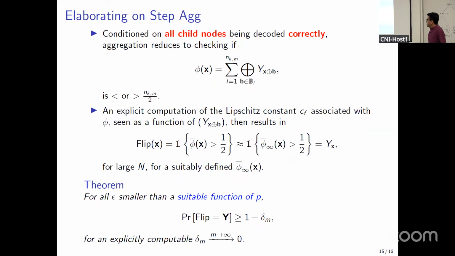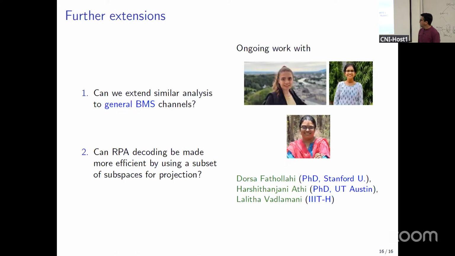So you get back the same kind of result that we were chasing after. For all epsilon smaller than a suitable function of p, the probability that the flip vector equals the received sequence is really large. That's really the end of this talk. So how can we take this kind of work forward?